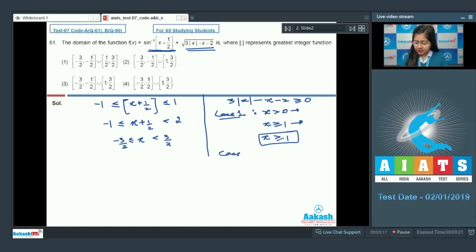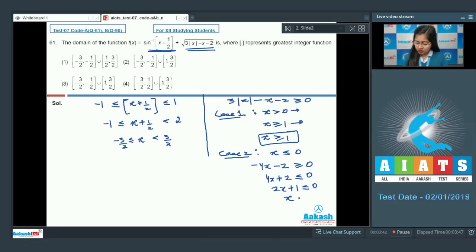Also in case 2, let us assume that x is less than or equal to 0. So 3 into mod x can be written as minus 3x, minus x, that is minus 4x minus 2 should be greater than or equal to 0. That is 4x plus 2 should be less than or equal to 0. That is 2x plus 1 should be less than or equal to 0.